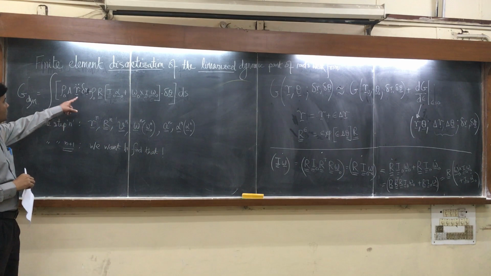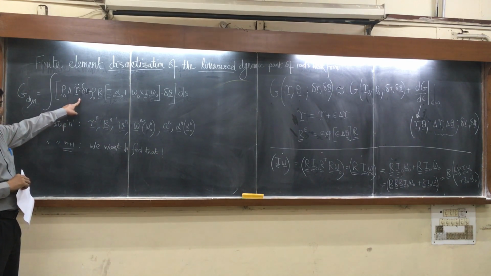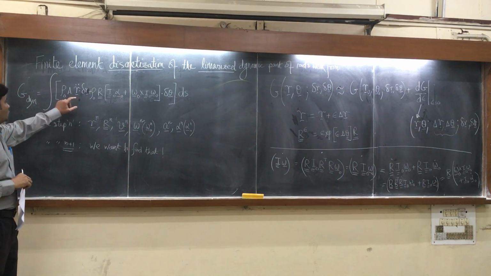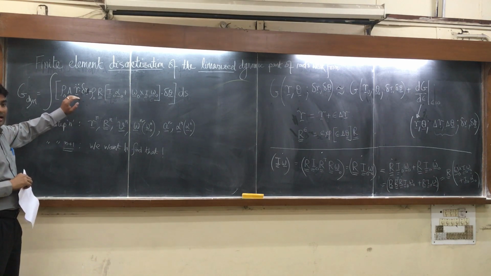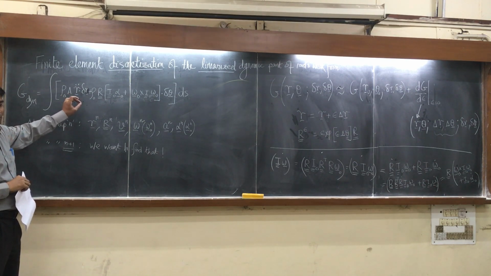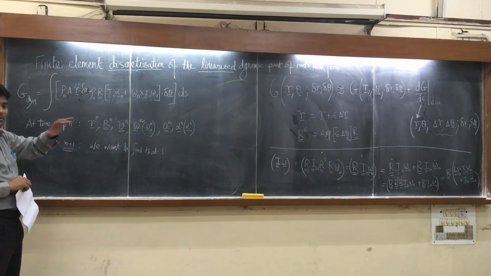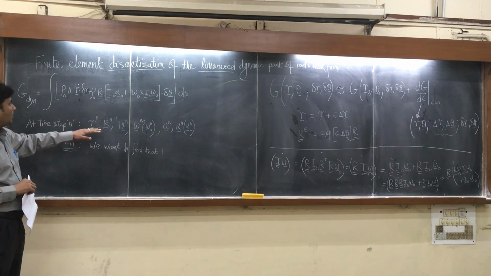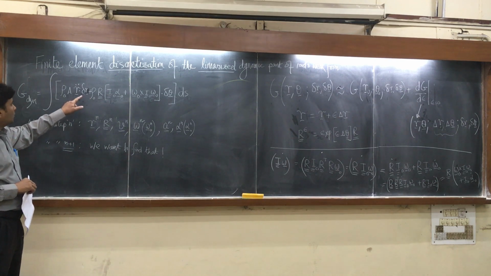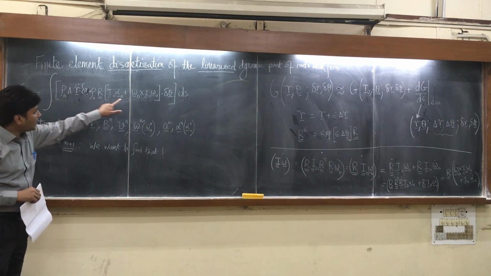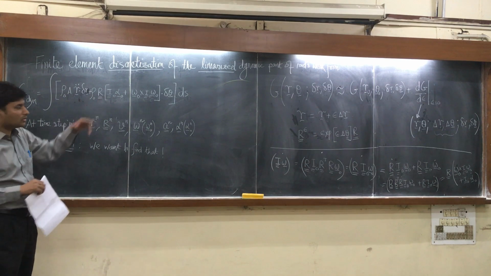So coming back to this dynamic term here. We are writing this at, let's say, time step n plus 1. So we want to get these things at n plus 1. Time step n we already know, and we want to get this now at n plus 1. So these are all at n plus 1, right?